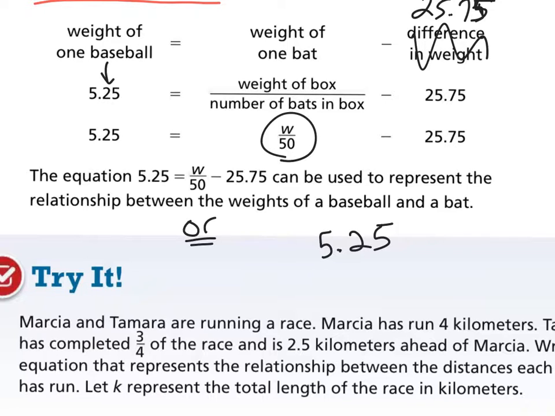They say the baseball weighs 5.25 ounces, and then that's 25.75 ounces less than the bat, so we do plus 25.75, and then if we take that times 50, that would tell me the weight of my box.